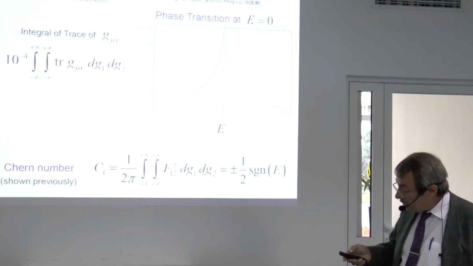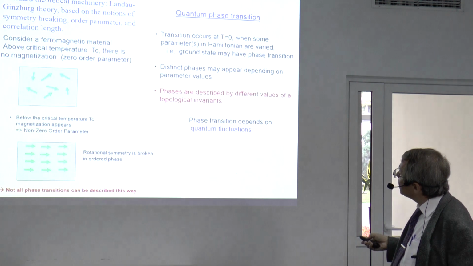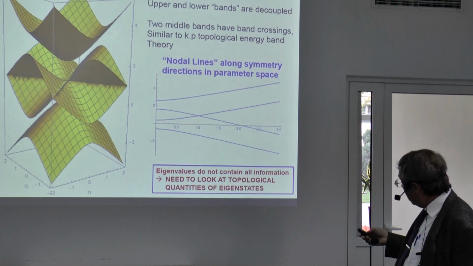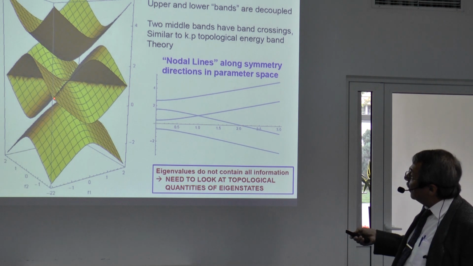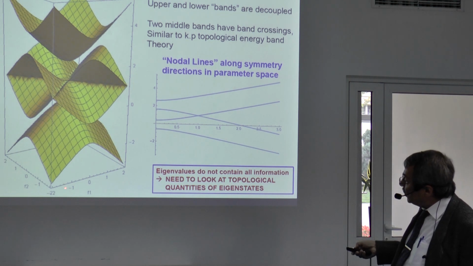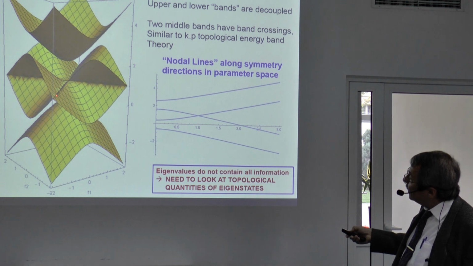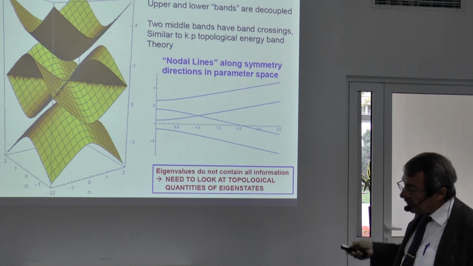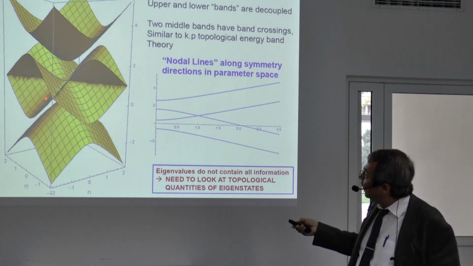Right. There's also something very strange in these plots where I said that there's a crossing here. If you look in the G1, G2 space, this energy band crossing, there's a group theory argument to be made about what's going on.